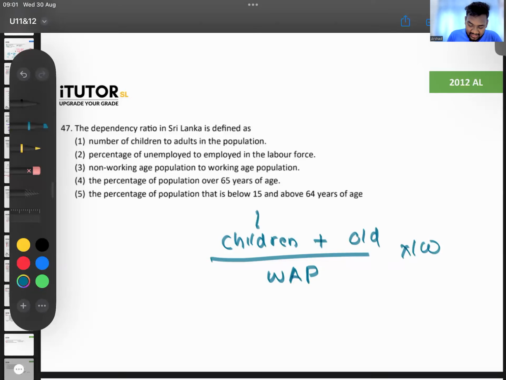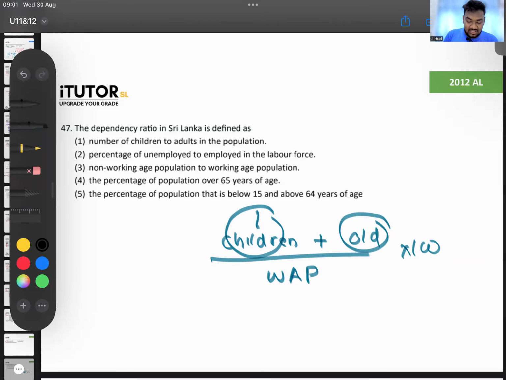So below 15, above 64, but they are not saying as a percentage of what? As a percentage of the working age population. So 5 looks a little incomplete. See if there is a better answer.